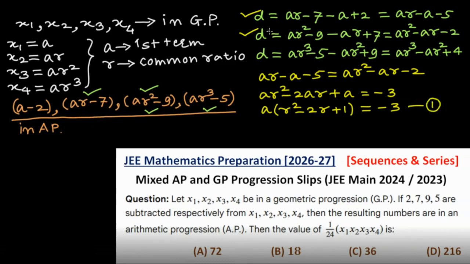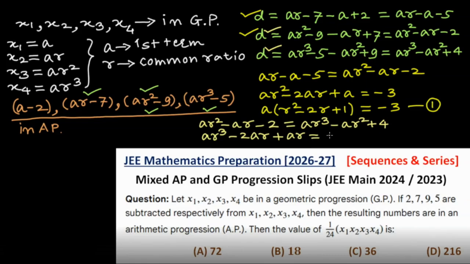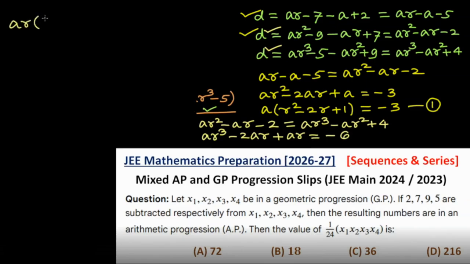Now we will equate the second difference and the third difference. Ar square minus ar minus 2 equals ar cube minus ar square plus 4. So ar cube minus 2ar square plus ar equals minus 6. Ar into r square minus 2r plus 1 equals minus 6.